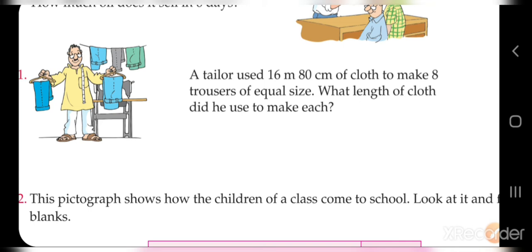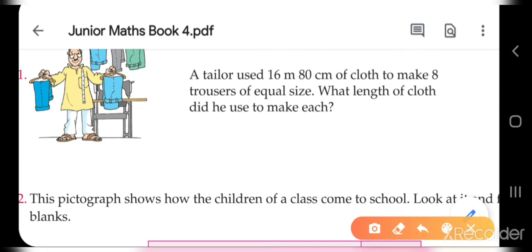So you have to divide in this question. You have to find an equal size for 8 trousers, so you will divide the total length of the cloth by 8.